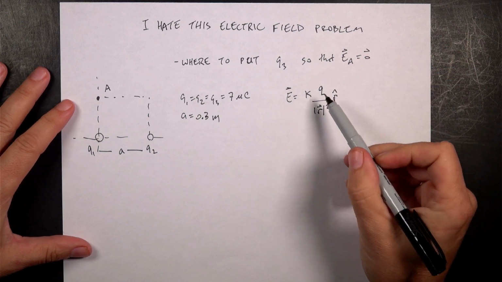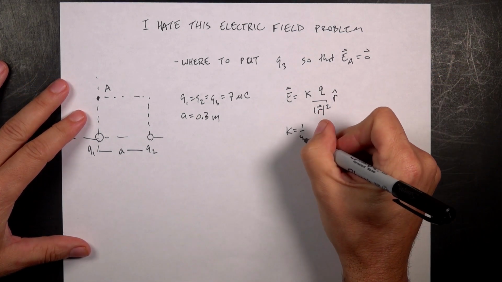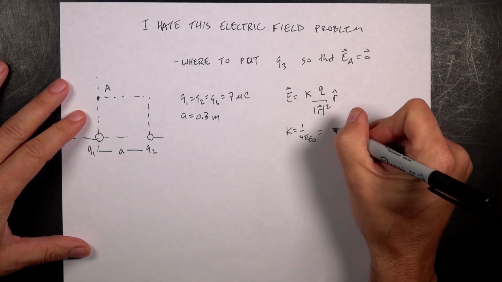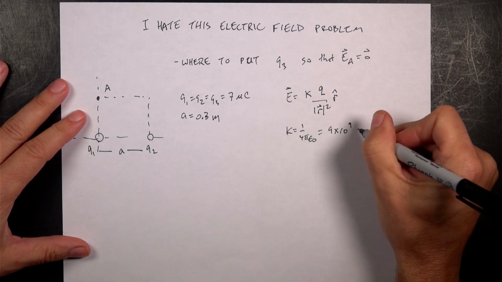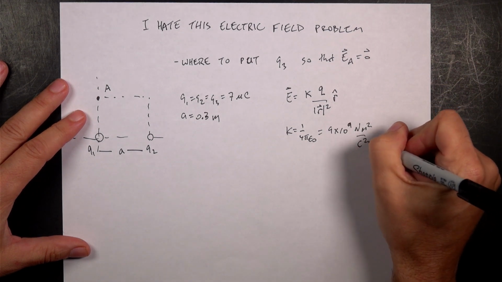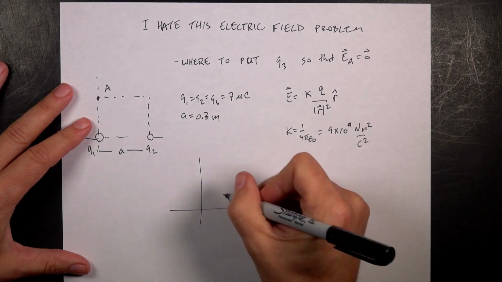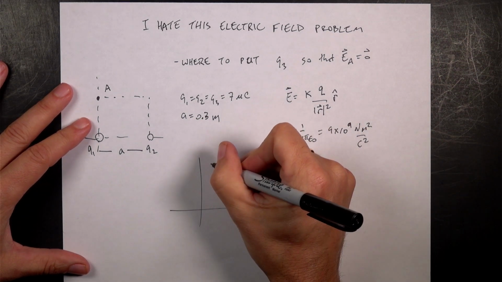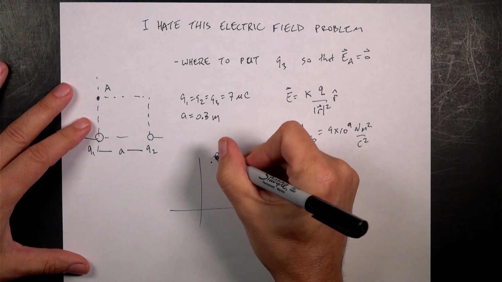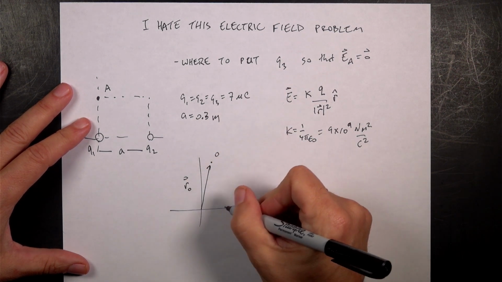So in this expression, K is the Coulomb constant. K is 1 over 4 pi epsilon naught, which is 9 times 10 to the 9th Newton meters squared per Coulomb squared. If I have some random charge, I could put the charge anywhere, and I need to know the observation location. Let's call this RO for the observation location.